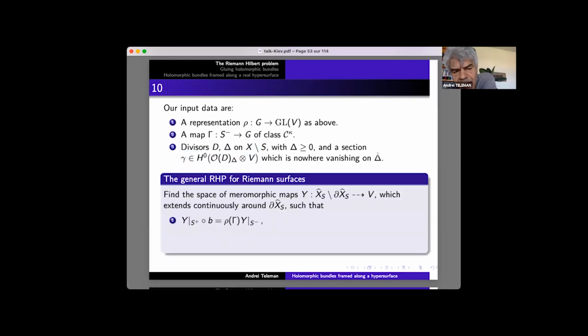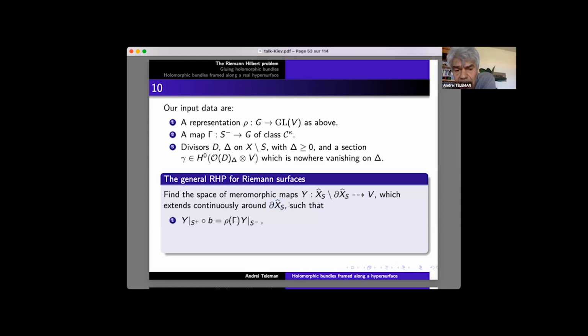And then I formulate in this very general framework the Riemann-Hilbert problem for Riemann surfaces. Find the space of meromorphic maps on this Riemann surface with boundary; on the interior part, where I remove the boundary, they are just meromorphic. But I ask them to extend continuously around the boundary, of course.